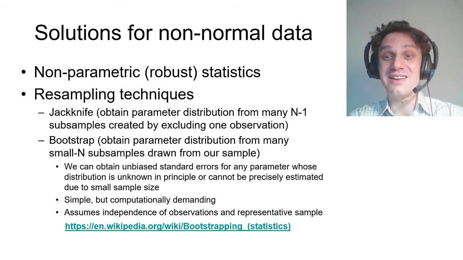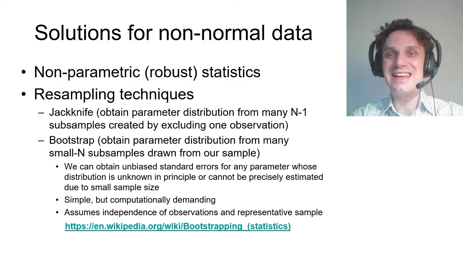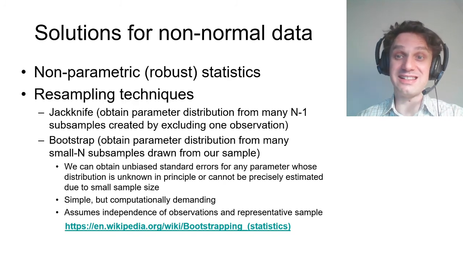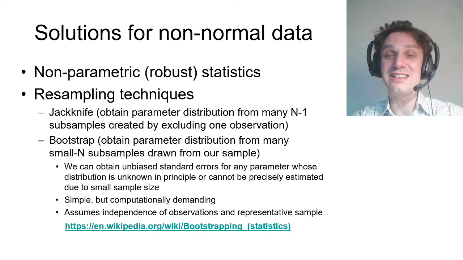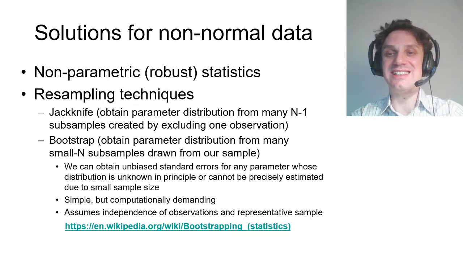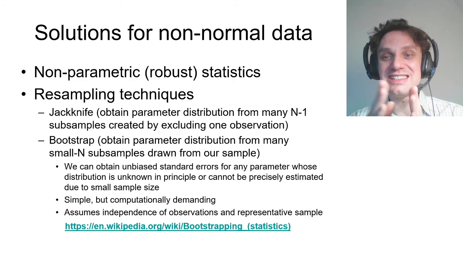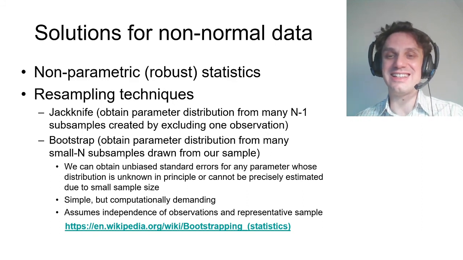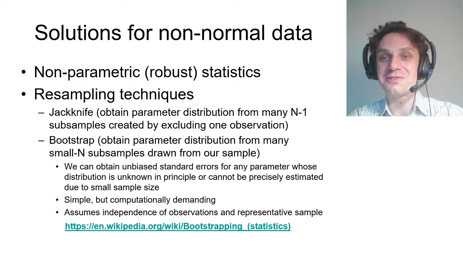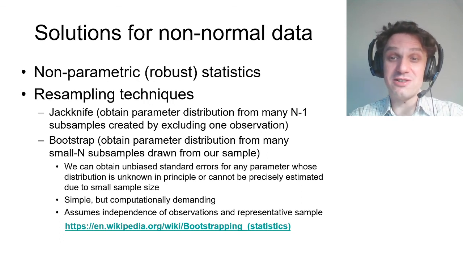You draw repeatedly many very small samples from your sample, and you calculate the statistic that you are interested in many times in those different samples. And as a result, you obtain a parameter distribution for this particular statistic that you are interested in. And you can use this general distribution to evaluate significance of your statistical test. So bootstrapping can solve the problem of unknown distributions, distributions with unknown properties, or sometimes of small samples.